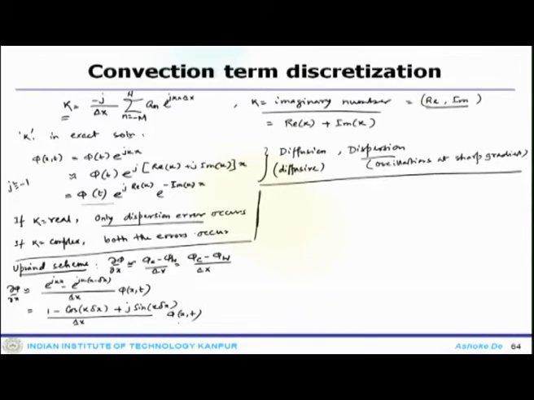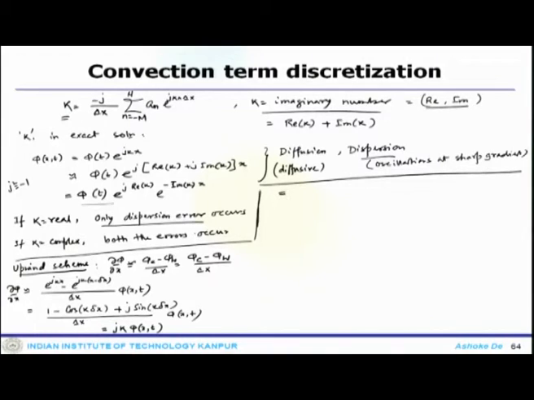Now, this is j k phi(x,t), so this is equal to j k phi(x,t).